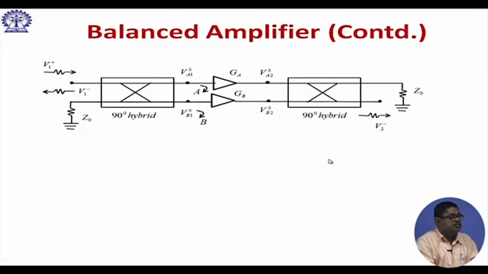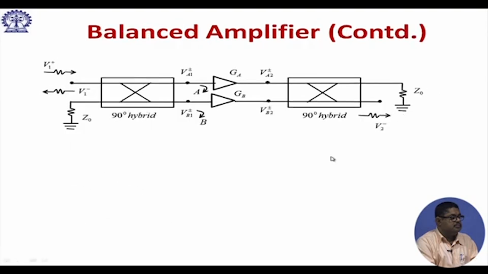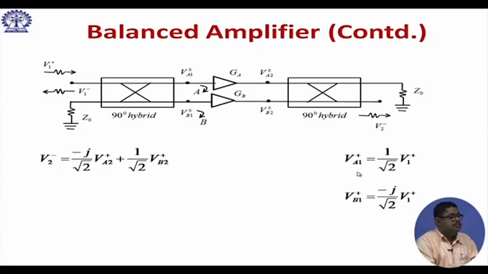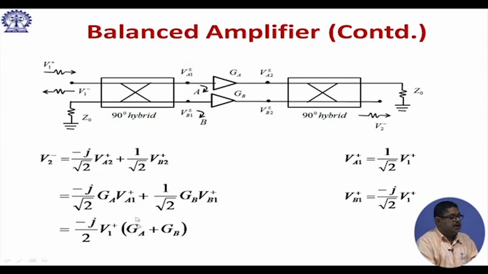Then VA1 plus is 1 by root 2 V1, and VB1 is this. So, you see that if I put it, V2 minus is minus j times this plus 1 by root 2 times this.